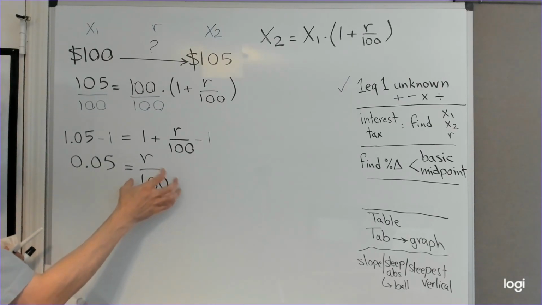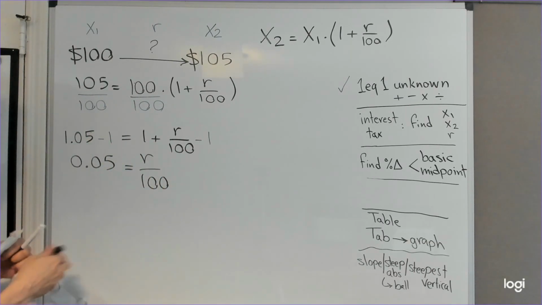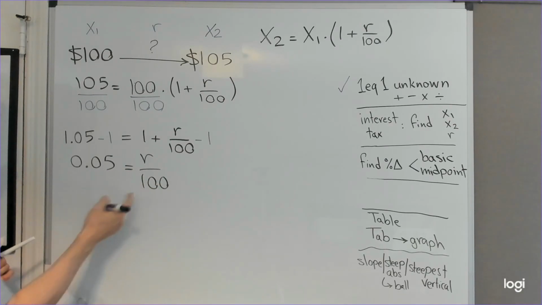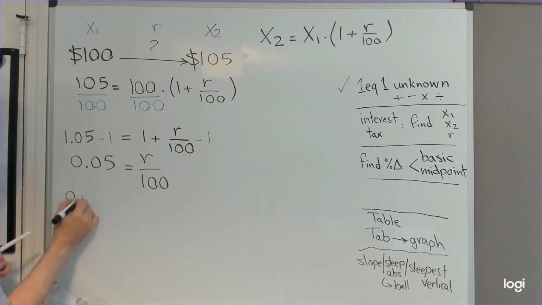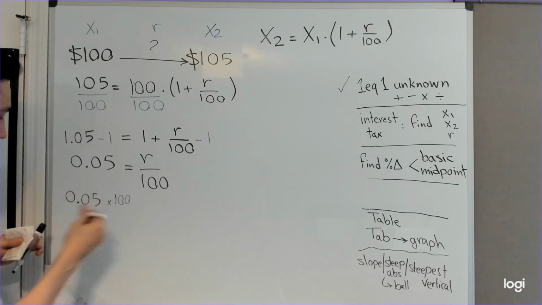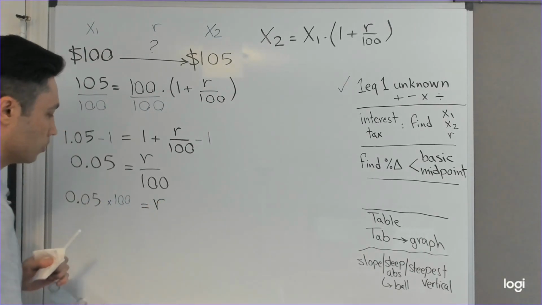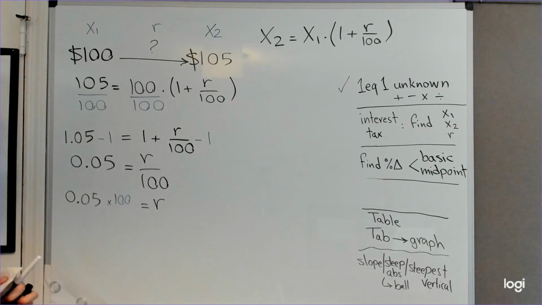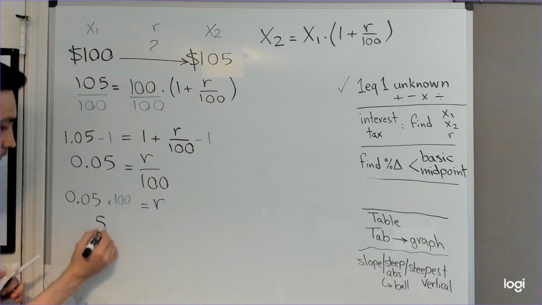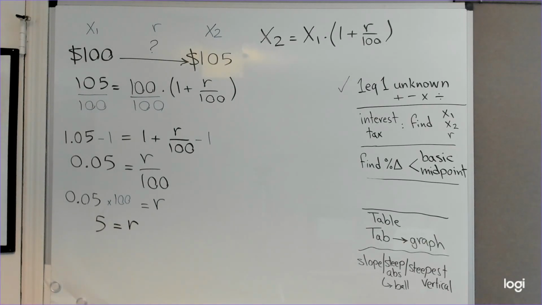So I multiply by 100 the right hand side and the left hand side to get rid of the 100. So on the left I have 0.05 times 100. On the right I have just r. And 0.05 times 100 is 5. Therefore, the interest rate is 5%.